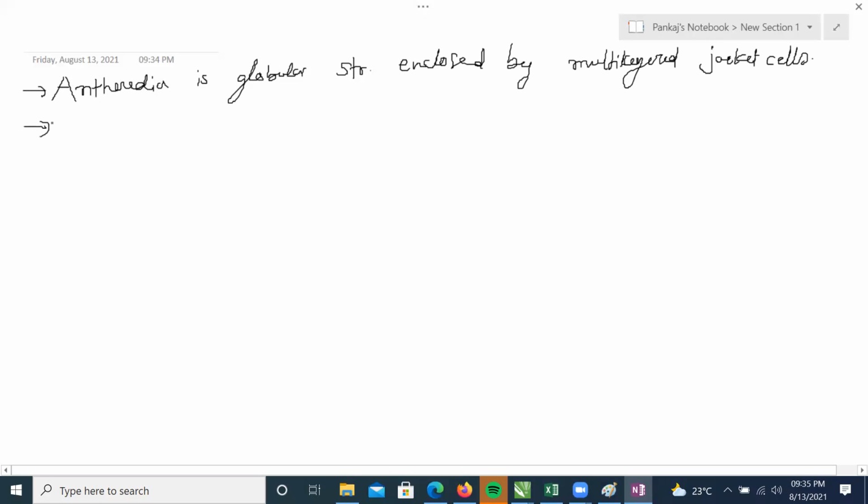So antheridia is going to produce sperm, or what we call antherozoids. These are unicellular biflagellate, or it can be multiflagellate as well.